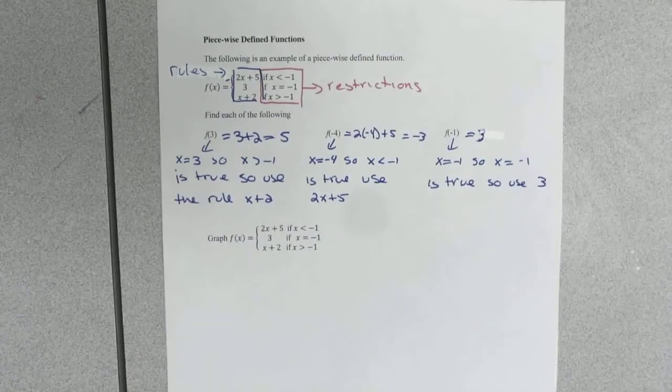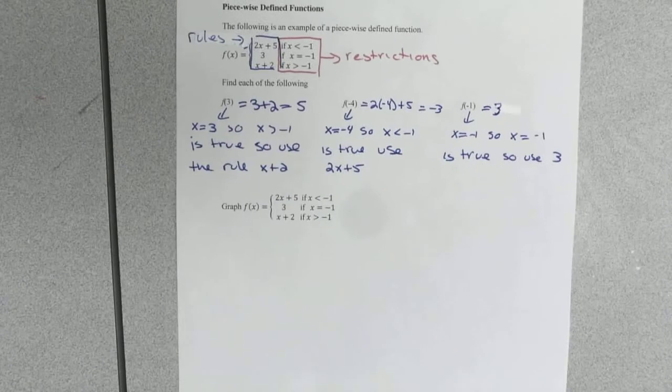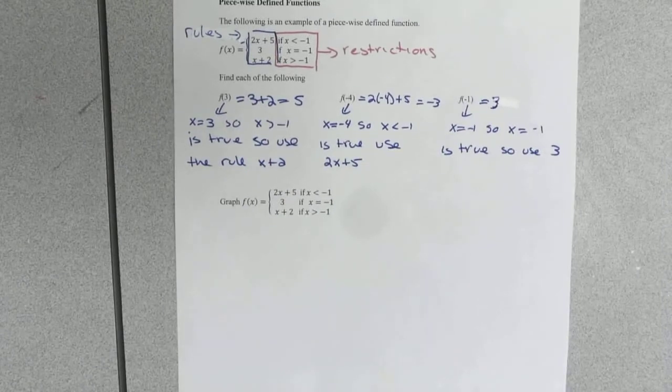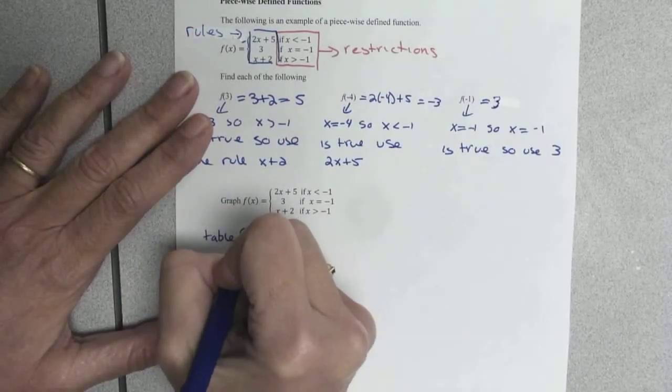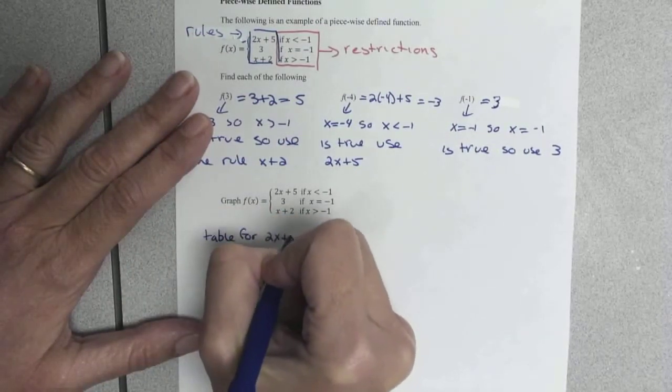Now, graphing these guys, we're just going to go the old-fashioned way of graphing. We're just going to make tables of values and graph each part. And since there are 3 branches to this function, 3 rules, we're going to make 3 tables of values. So I'm going to make a table for the 2x plus 5.